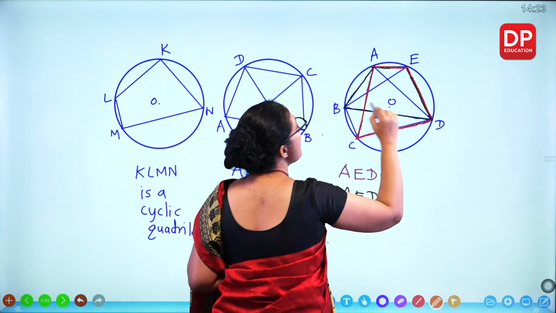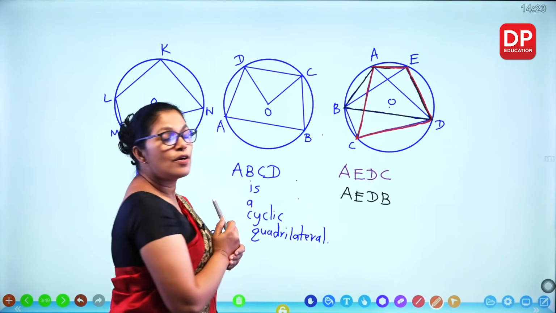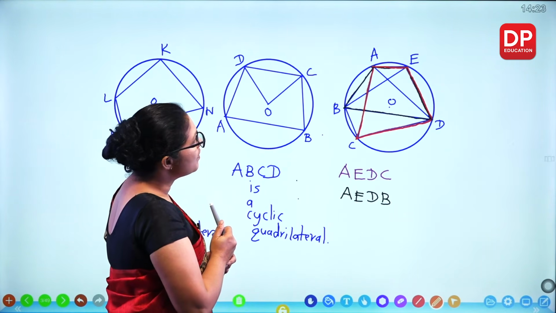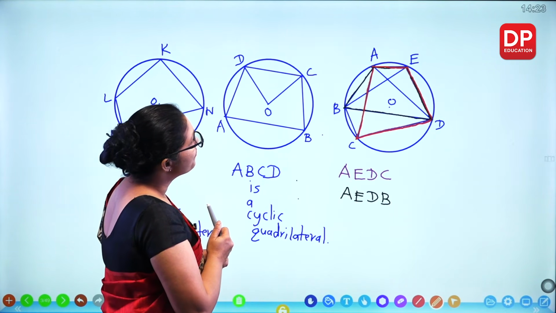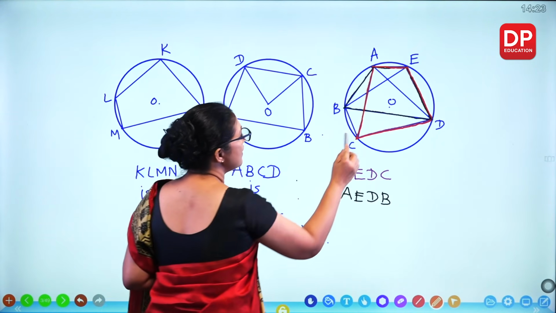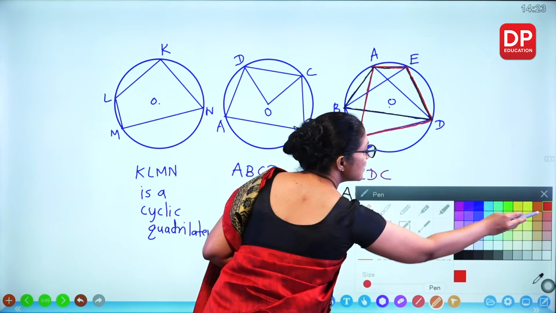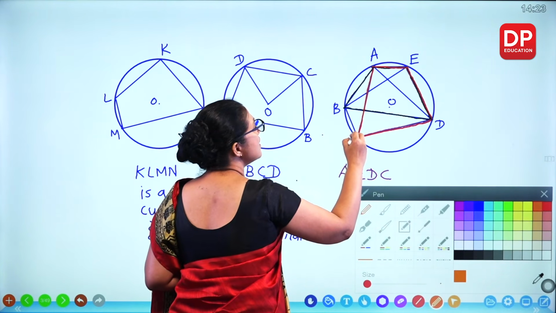E, D, B, A also already taken. So we'll start from C. Starting from C, we'll take another color, orange color.